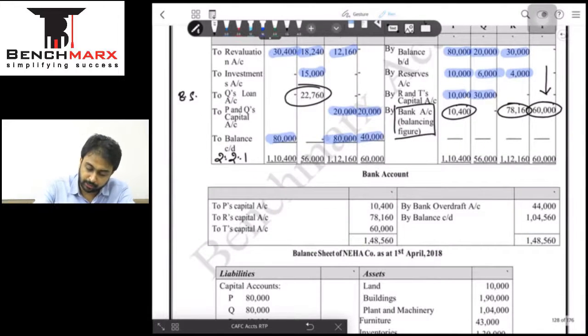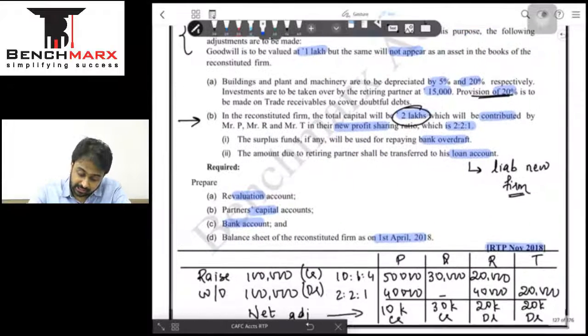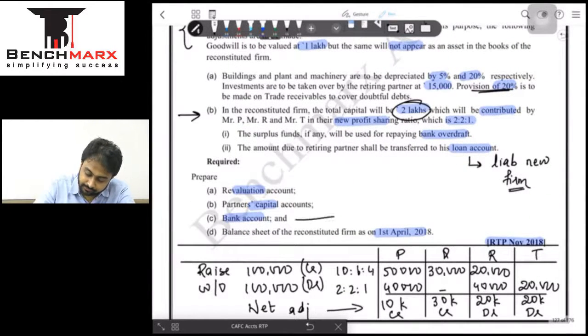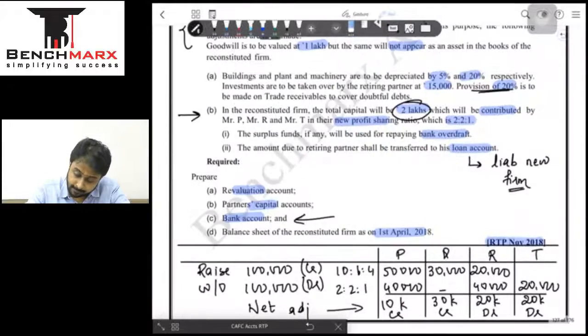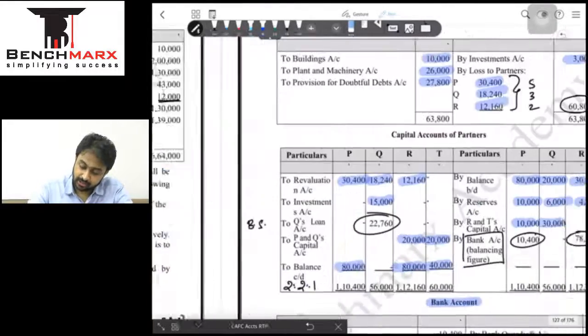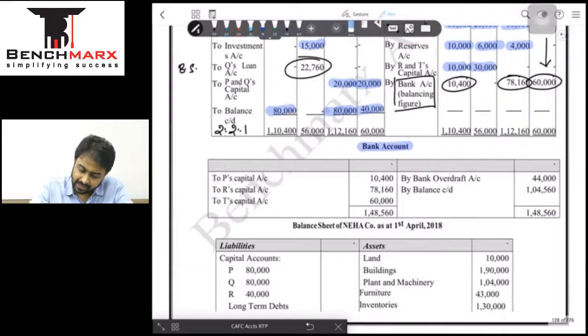Which means we have to also prepare a bank account जो अपन ने miss out कर दिया है. The question is directly asking us to prepare a bank account as well. So I will start by transferring the bank का overdraft balance to the credit side as 44,000. ठीक है, हाँ ठीक है, negative balance that is credit side, and then whatever amounts are brought in by the partners, P, R and T, all these numbers are coming from here only.